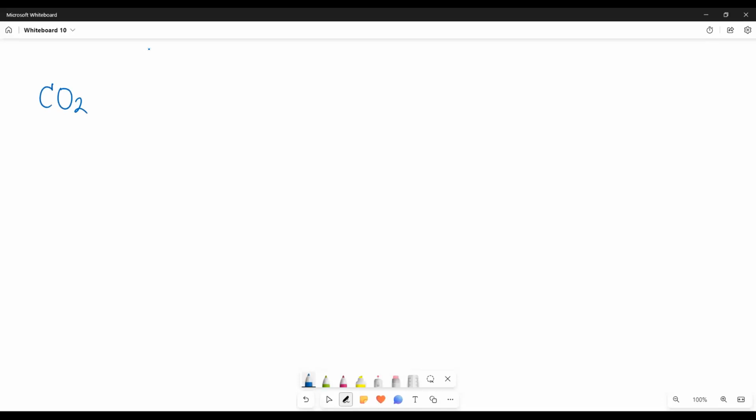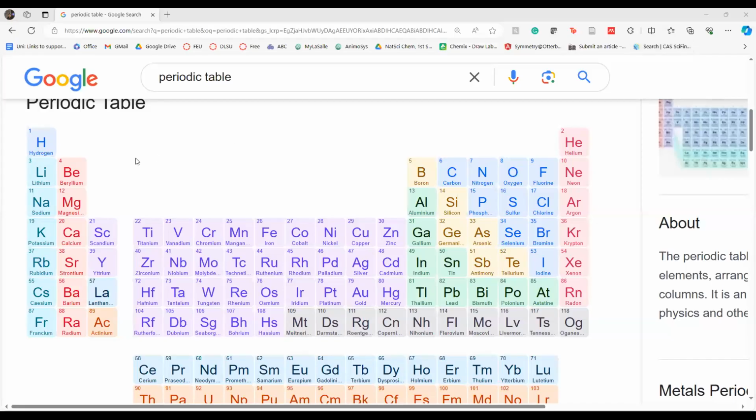So before you do anything else, you first have to decide which is the central atom and which is the terminal atom. So we're talking about electronegativities. In the periodic table, let me just pull up a periodic table. Okay, so this is our periodic table.